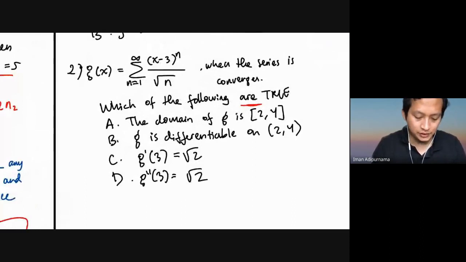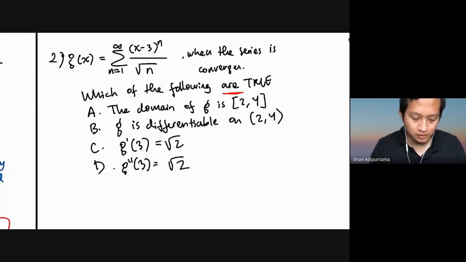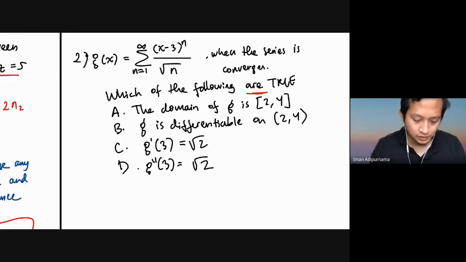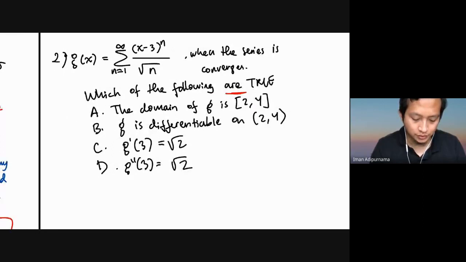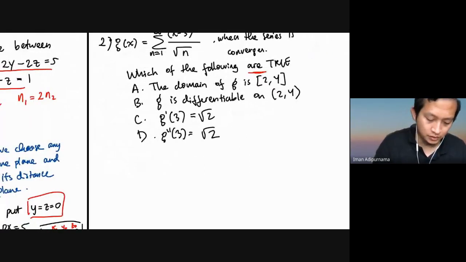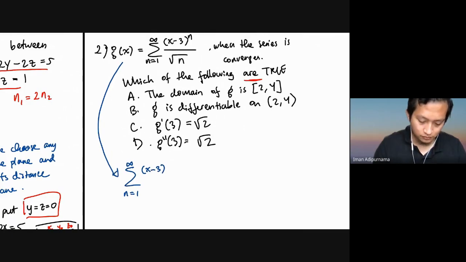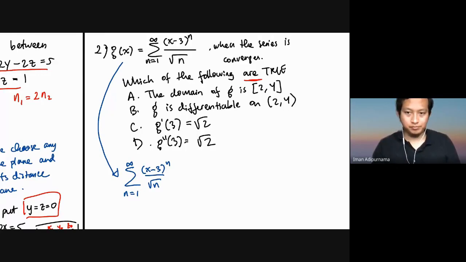We have function g as a power series. And when the series is converged, which of the following are true? So let's break down our g. Let's write the sum. This is the sum.